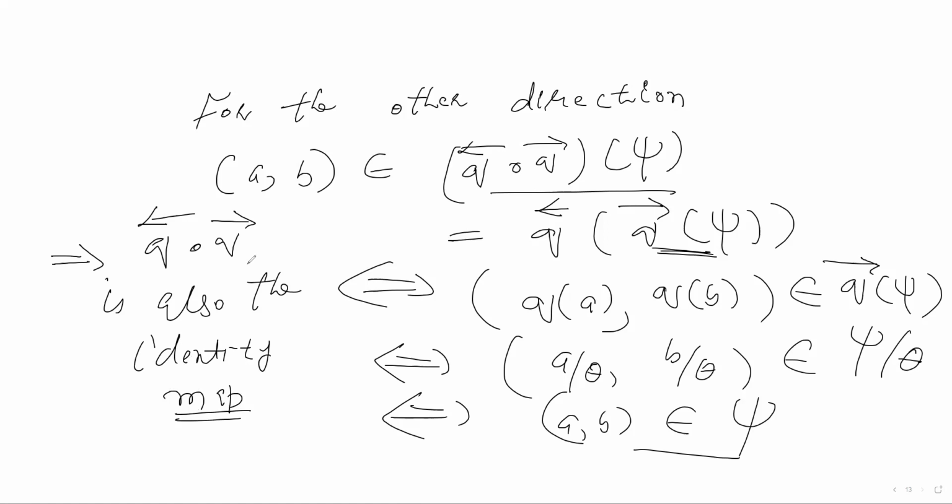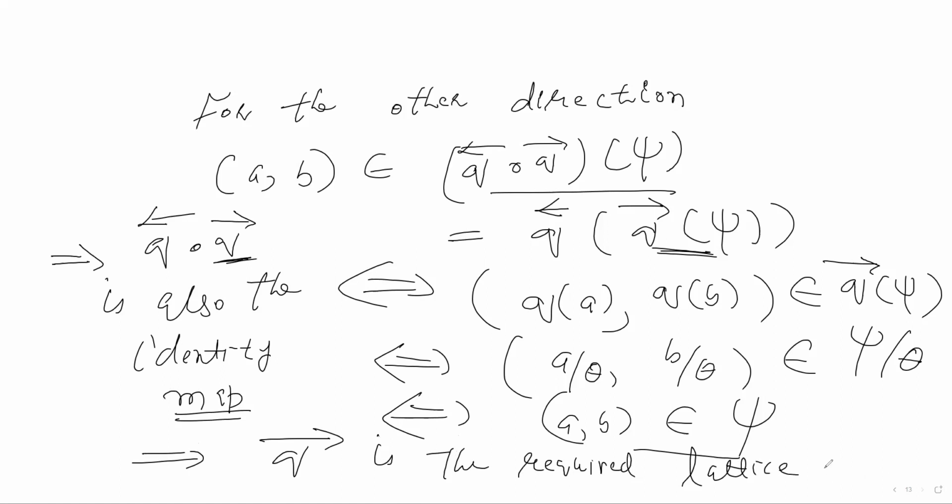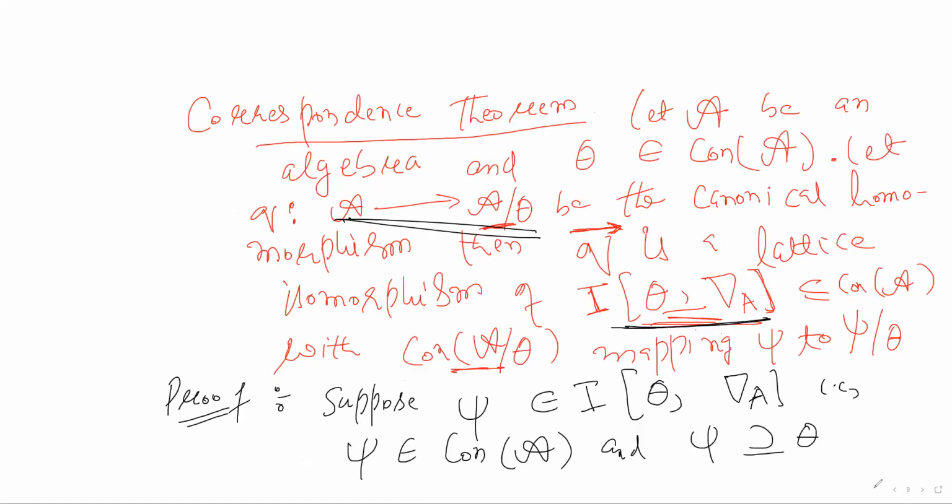So this Q backward arrow is actually the inverse of Q forward arrow. So therefore Q forward arrow is the required lattice isomorphism. Okay. So there is an isomorphism between the lattice of congruencies of A containing theta to the lattice of congruencies of A by theta.